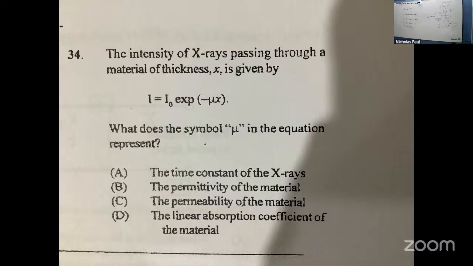This one is Nikila. Which one you have? The answer is what?